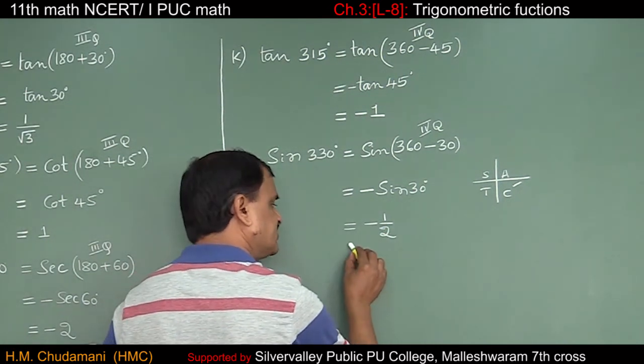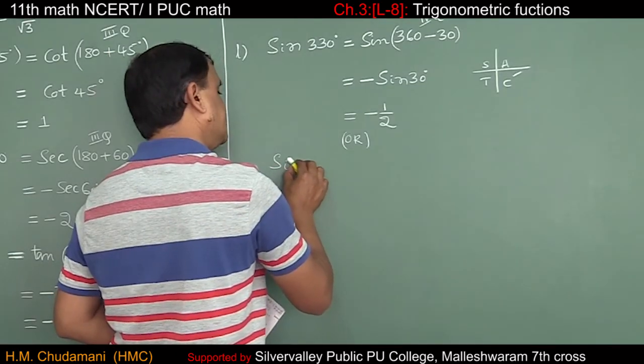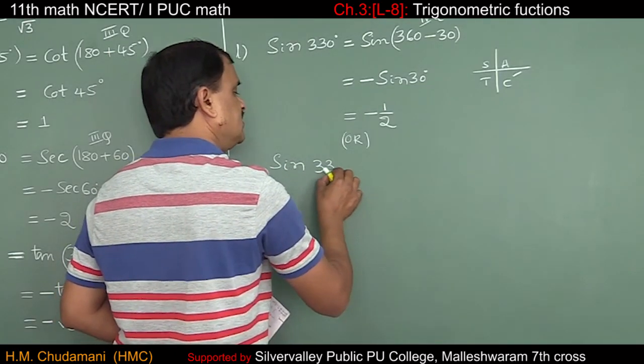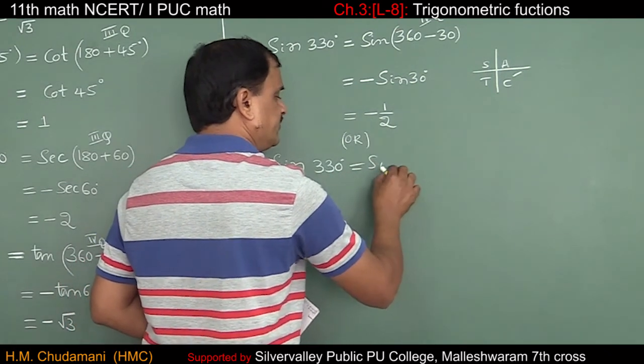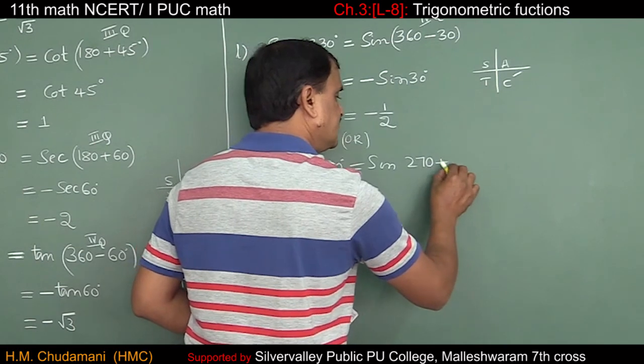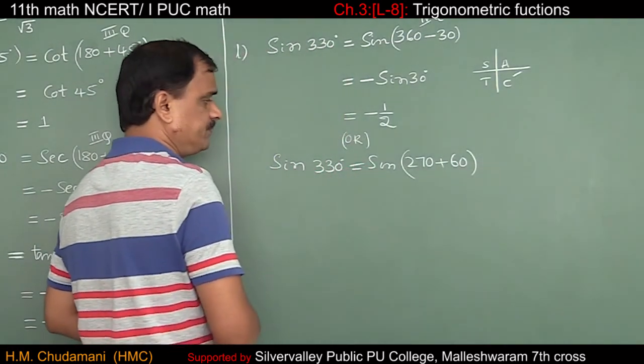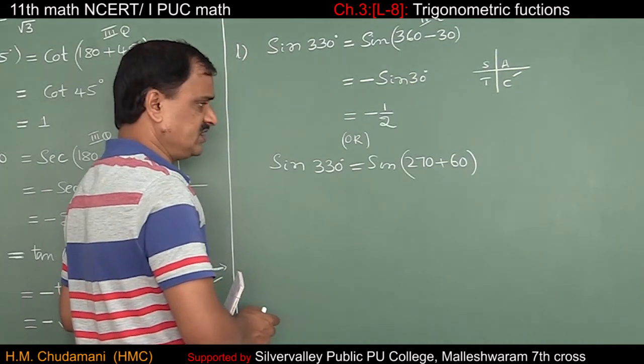This is one of the methods. Or else, in terms of 270, let me write. 330 can be written as 270 plus 60. What is 270 plus 60? 330, correct?